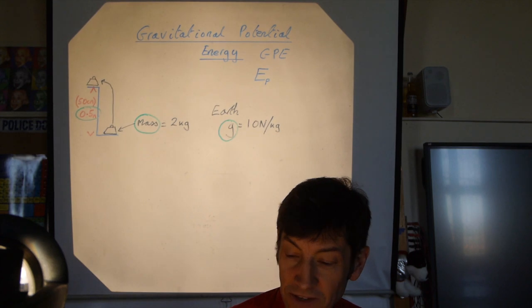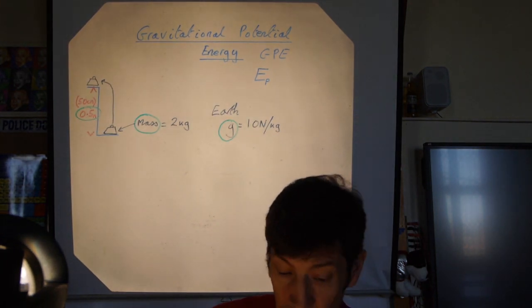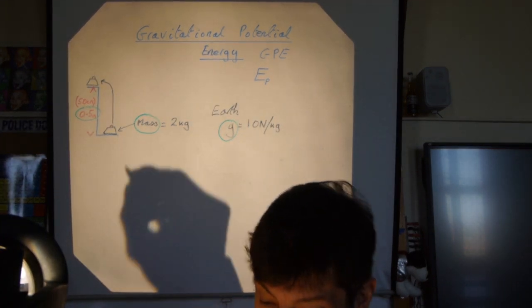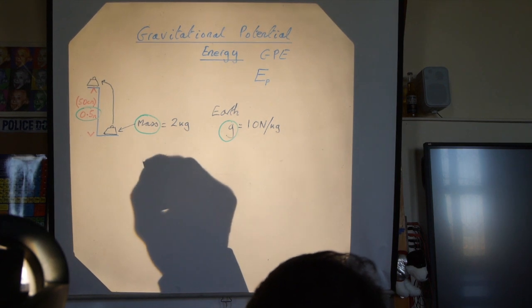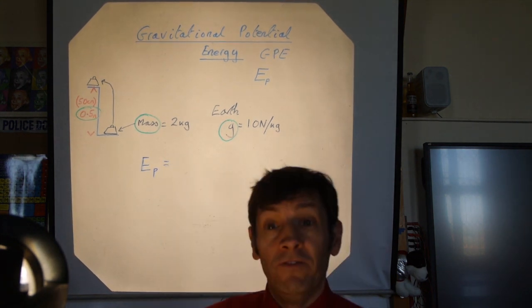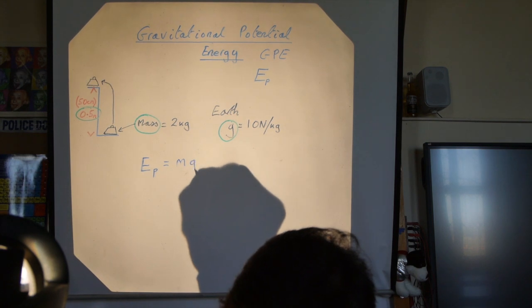At this stage it gets really easy. To work out how much gravitational potential energy something has gained, E_p, the GPE, is very simply denoted by mgh.